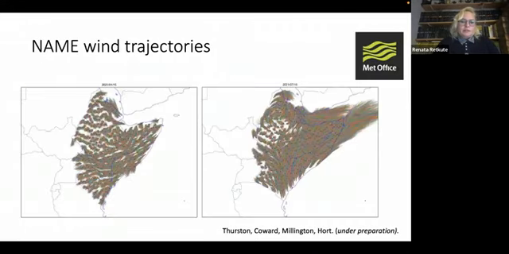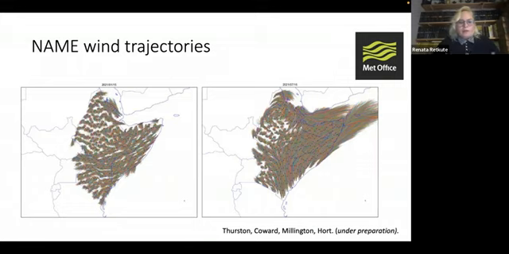Another very important aspect is NAME wind trajectories, and I think I've seen Will Thurston here, whom I'm very grateful to for providing this. These are based on the 3D Met Office numerical weather prediction model, exactly the same one used for weather prediction, but only the part which determines how atmospheric air moves around.